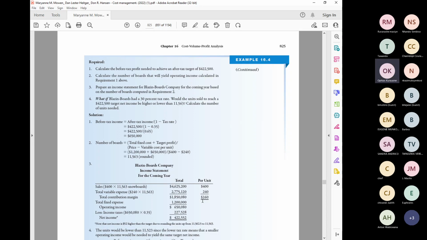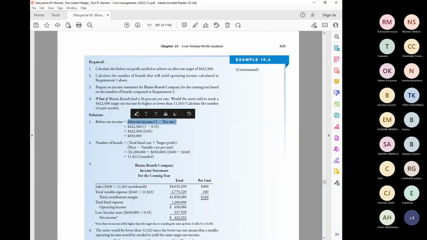Okay, solution 1. Before tax income is found by saying after tax income divided by 1 minus tax rate.